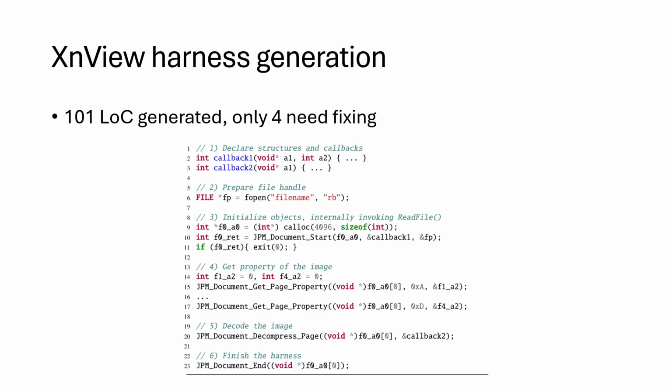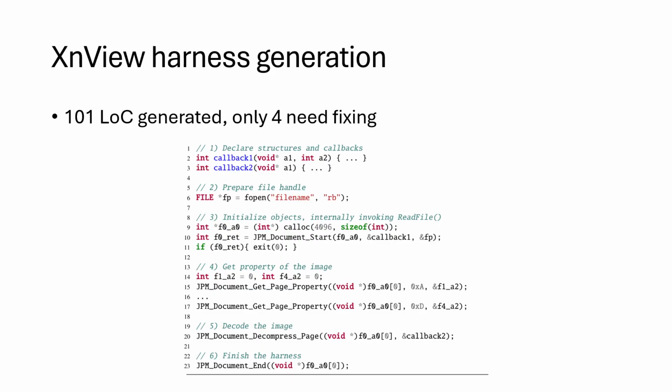And the constants, the hex constants A and D, are magic values from the trace, and WINNIE preserved them because those weren't pointers, they were just constants. Afterwards, it detects the relationship with the file handle, so it'll pass that to the library, and we can see that it does decompress page, it has the callback function, and then lastly it does document end.